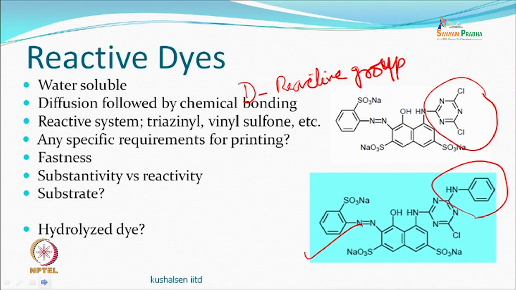A large amount of silk printing is done by reactive dyes, and so they actually show better fastness. They can react with free amino end groups that are present in approximately neutral medium. You can do an acidic medium, but neutral is the best. And so, no hydrolyzed dye, because hydrolyzed dye is formed in alkaline medium.